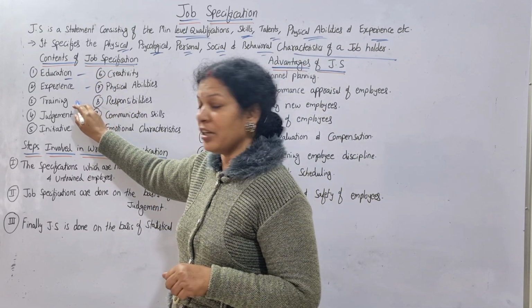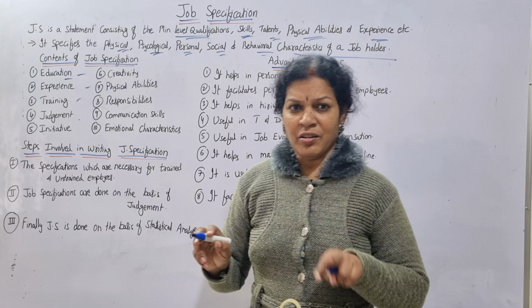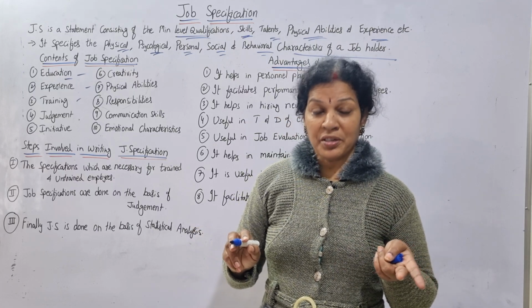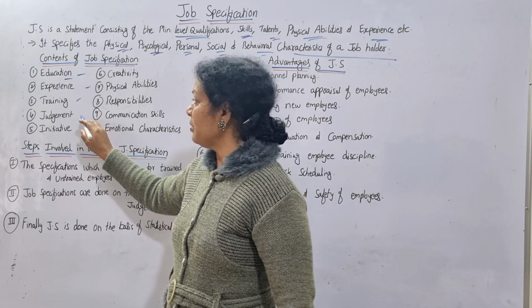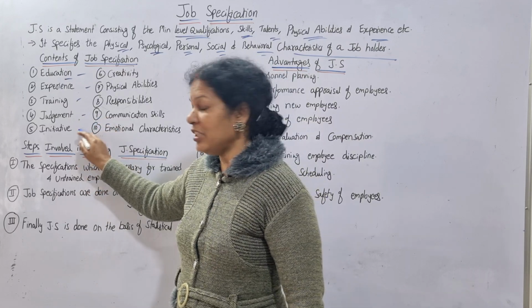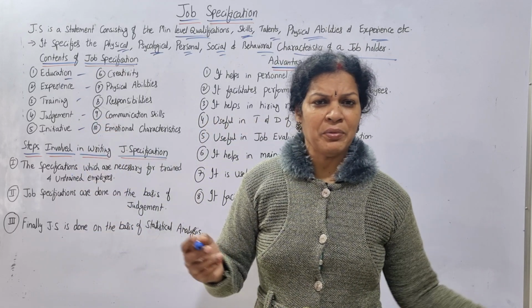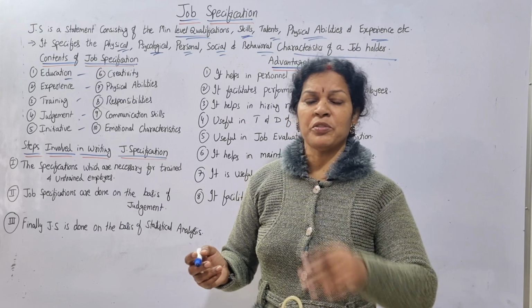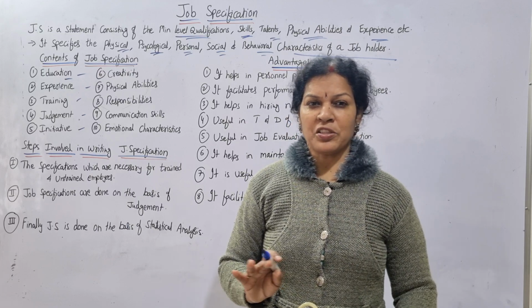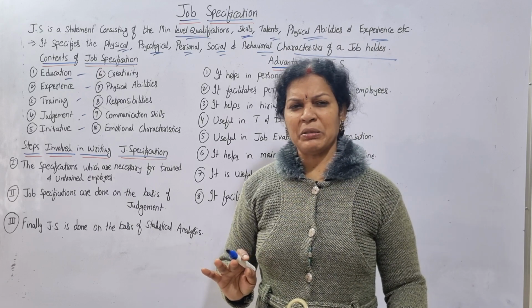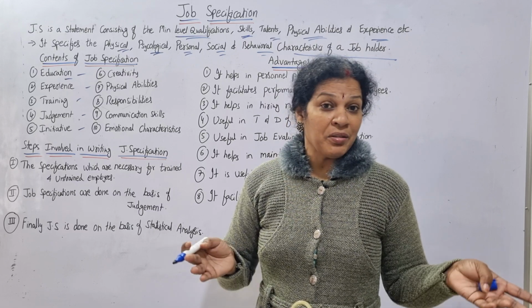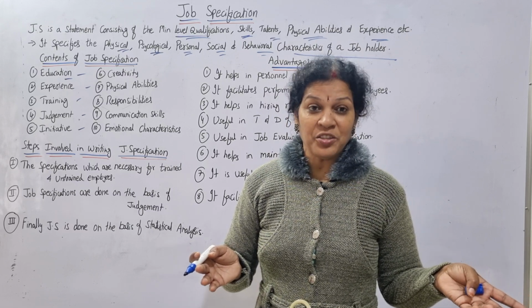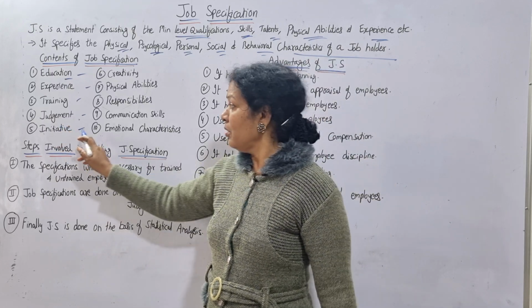Education, experience, training: is he already trained or do we have to train him? So the training aspects also need to be confirmed. Then judgment and also initiative, whether he is active, whether he can take initiative by himself or is waiting for orders. Somebody gives something so that I'll work, till that period I take rest because it is not assigned to me. This could be his attitude. That is why initiative also we'll see.